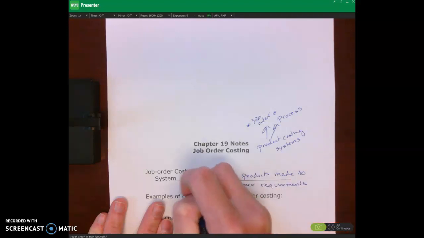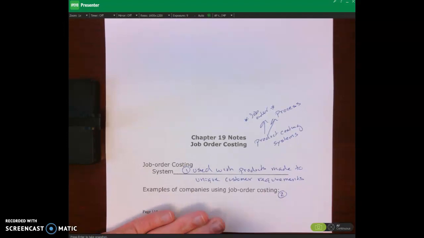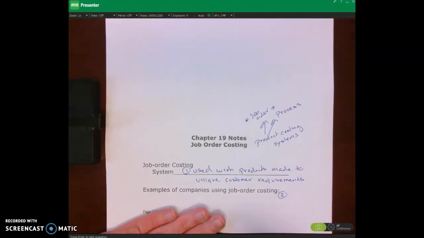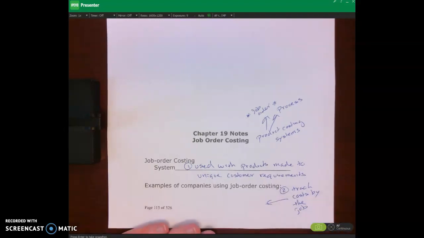That's the first characteristic. The second characteristic of job order costing is that we track costs by the job. And what costs are we talking about? We have to be a little more specific.